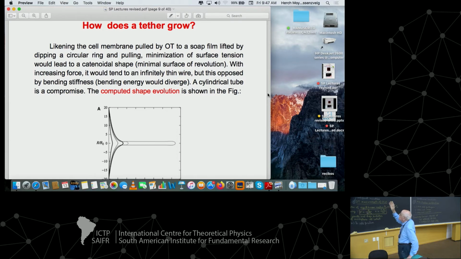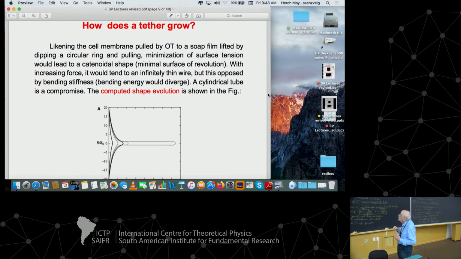And what grows, by minimization of just surface tension, is a minimum surface of revolution, which is a catenoidal shape. So if you continue pulling more and more, this would tend to an infinitely thin wire.